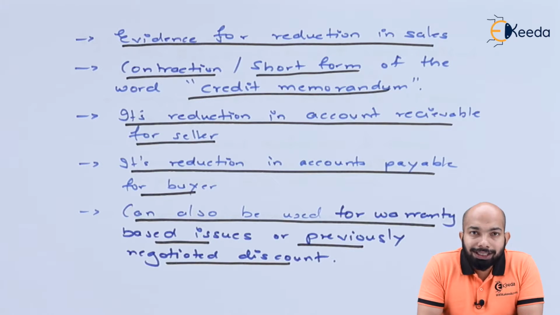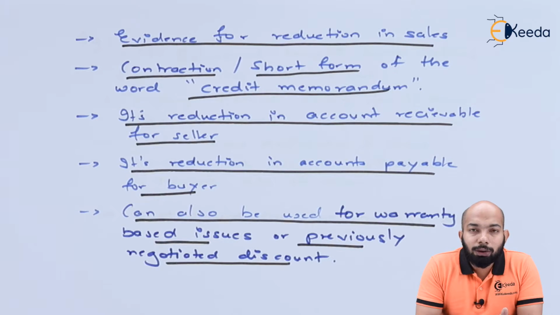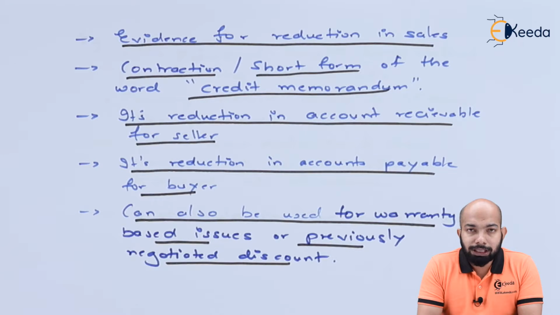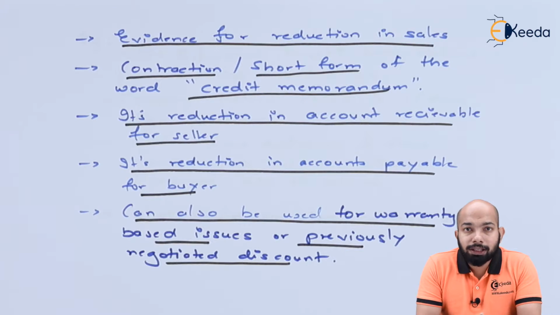The purchase has already been made and you have already paid, however you haven't received a discount on it. So for all those discounts that were previously promised, you can offer a credit note for this specific purchase, which will say that we give you 10% discount right now as a gesture for the previous discount which you couldn't avail because we couldn't provide it.